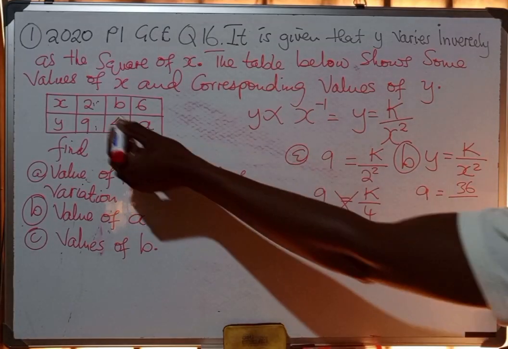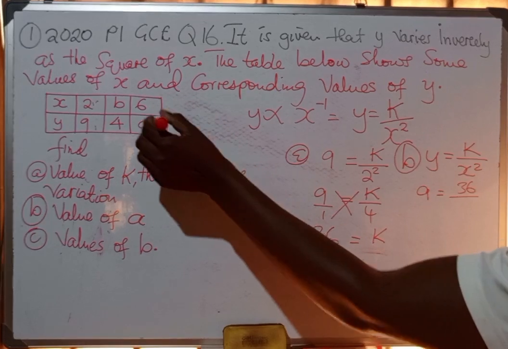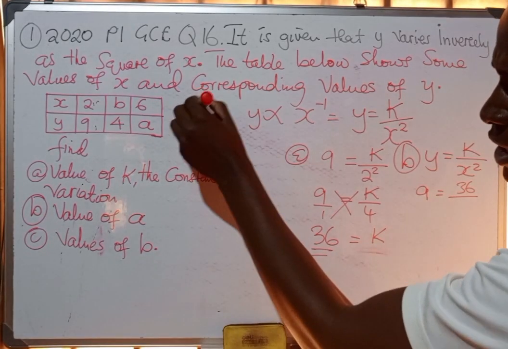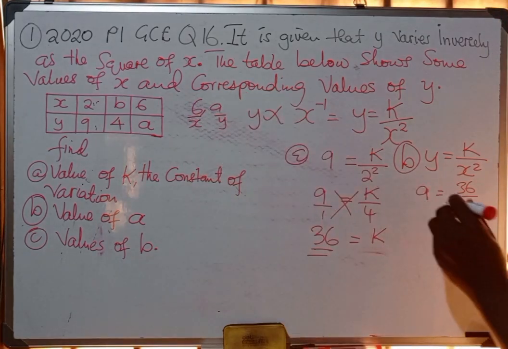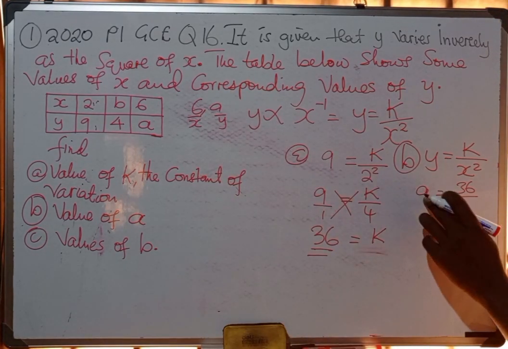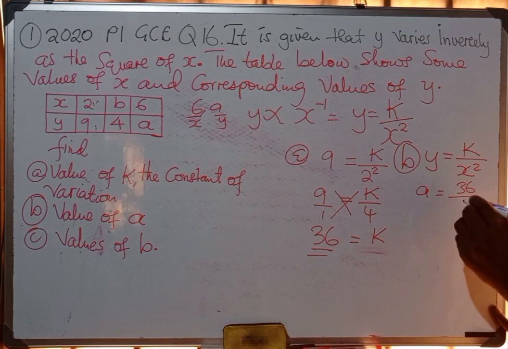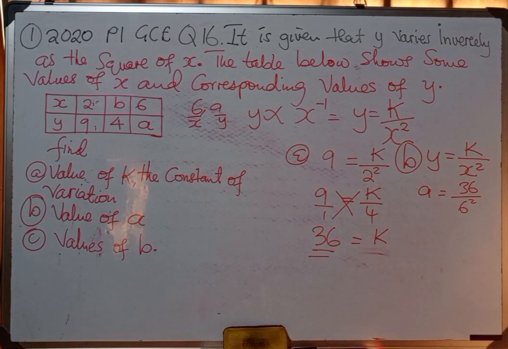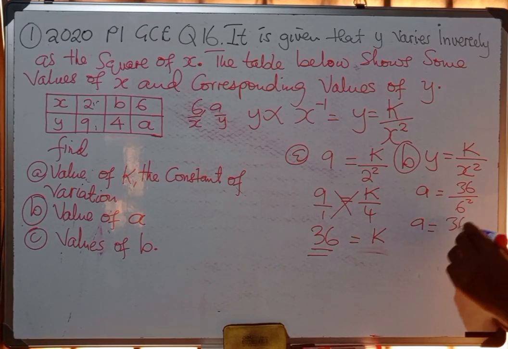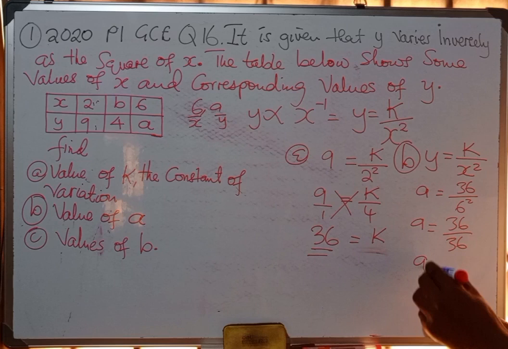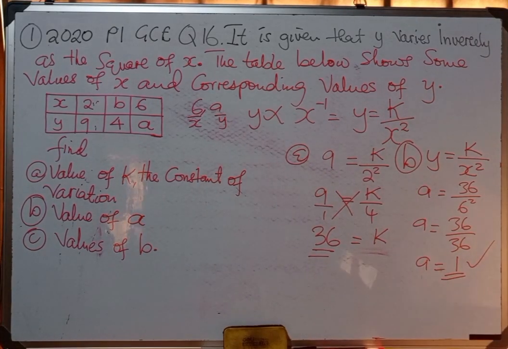The value of x there, remember this one is the same as 6, a, where this one is for x, this one is for y. So we are going to have the value of a over 6, actually 6 squared. We'll put our 6 squared, so a is equal to 36 over 36, and the value of a will be 1. 1 is the value of a.